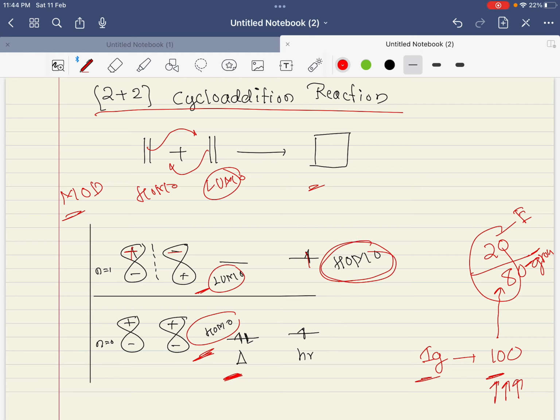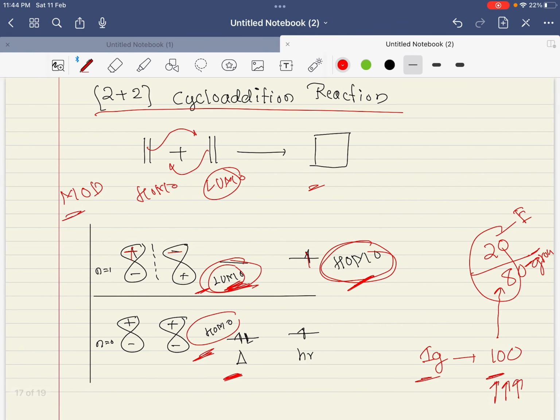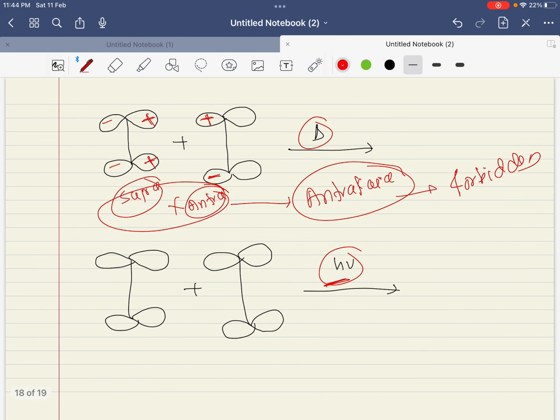HOMO of excited molecule and LUMO of ground state molecule will undergo reaction. Remember, in photochemical condition, HOMO of excited molecule and LUMO of ground state molecule will undergo reaction. So here we have to take HOMO, the same thing: positive, negative.